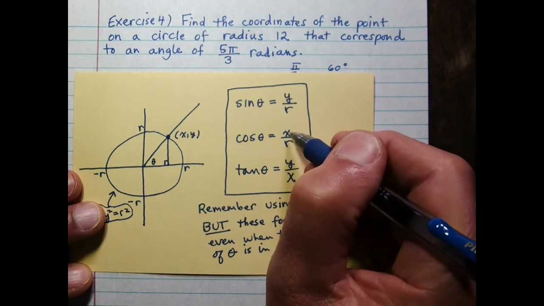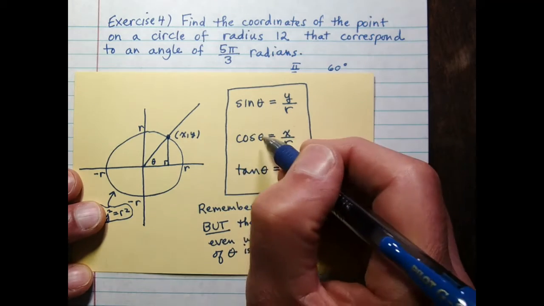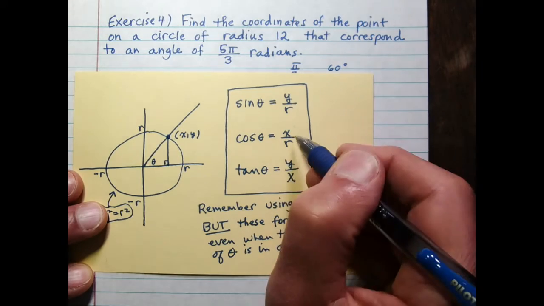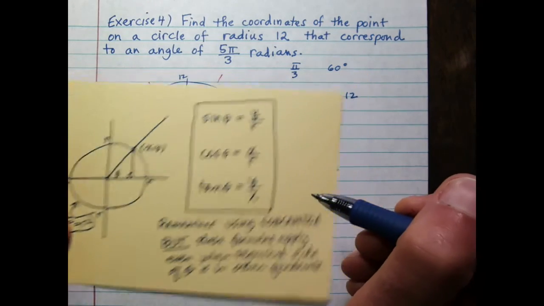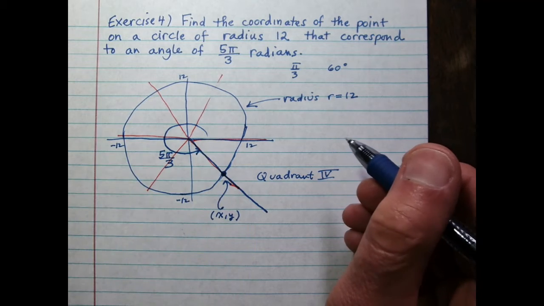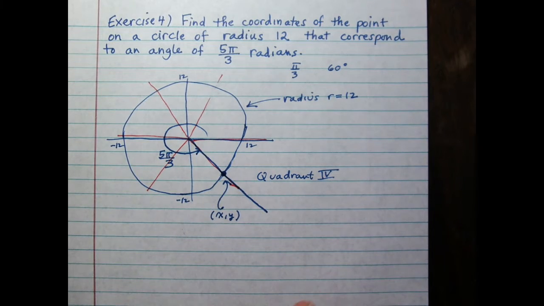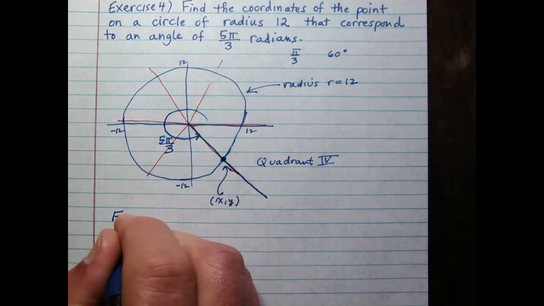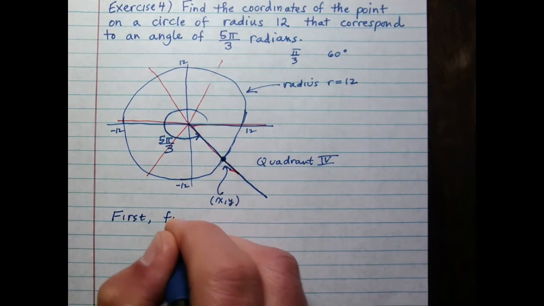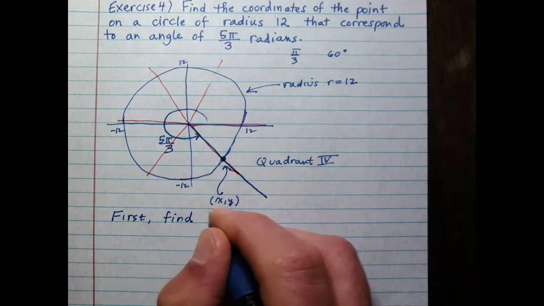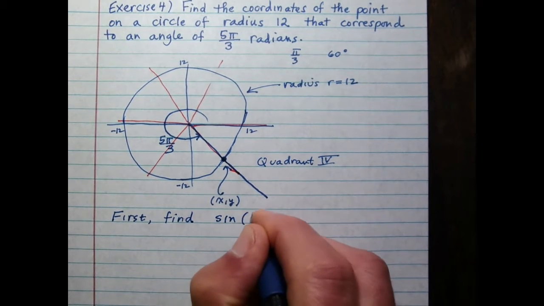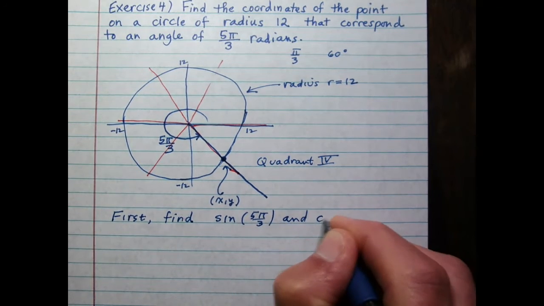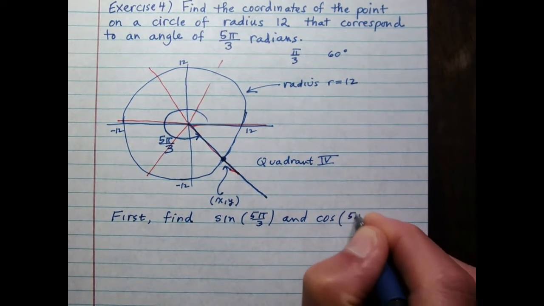What we're going to plug in is we're actually going to find values of sine theta and cosine theta first, and then work back to determine what the x and y values have to be. So what we're going to do is first find sine of 5 pi over 3 and cosine of 5 pi over 3.